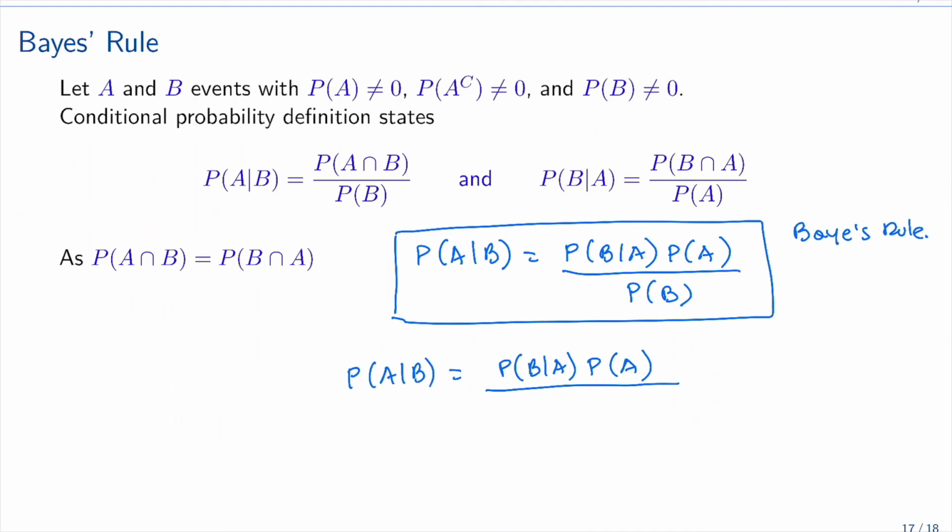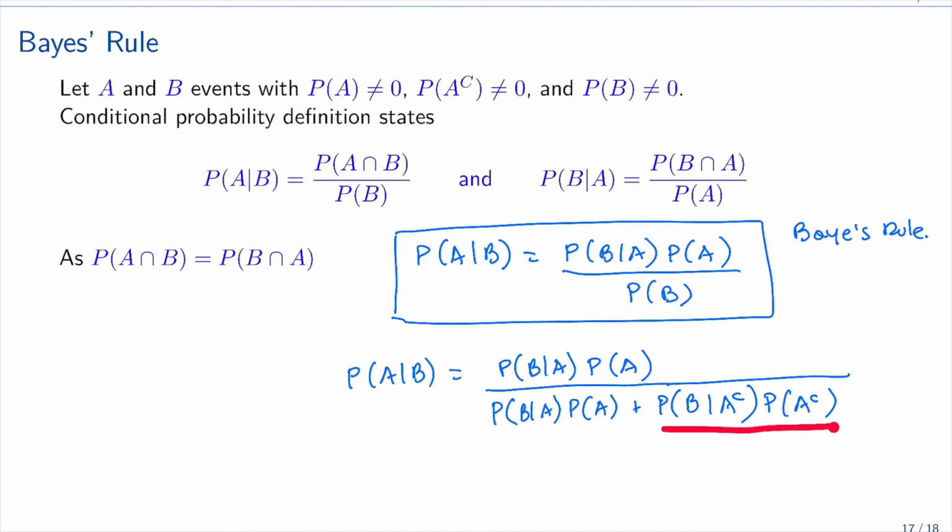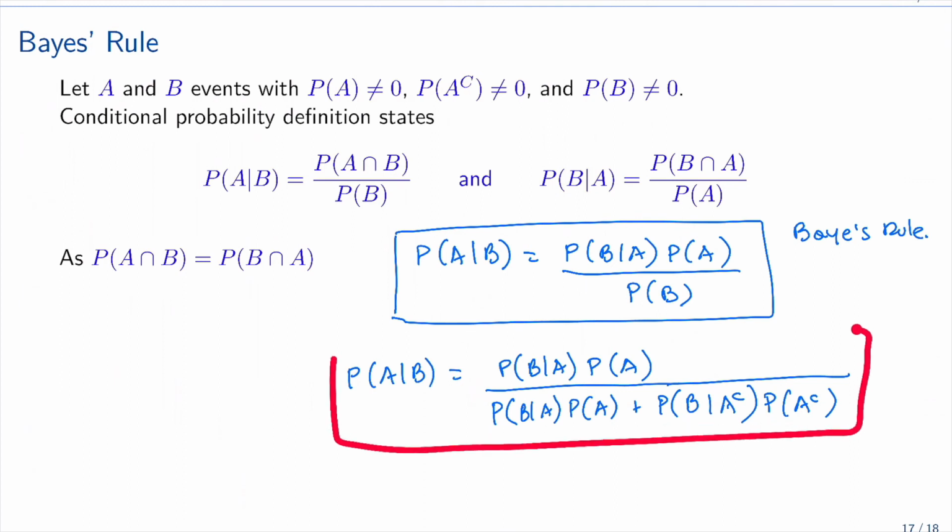So we have the probability of B given A multiplied by the probability of A, which is the intersection, plus the probability of B given A complement multiplied by the probability of A complement. So remember, this is the probability of the intersection of B with A, and this is the probability of the intersection of B with A complement. So this is a second alternative for Bayes' rule.